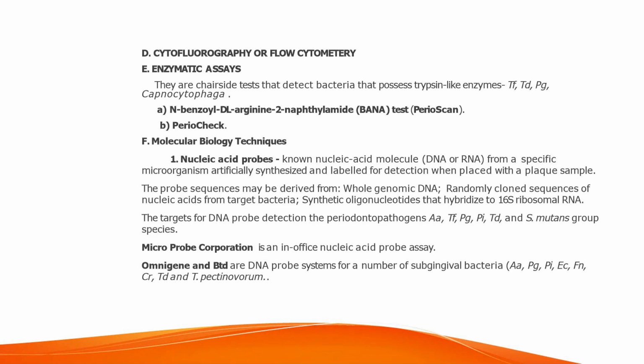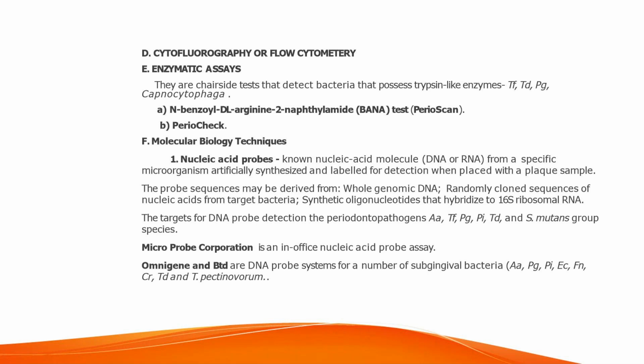In certain DNA technologies, different specific microorganisms could be artificially synthesized and labeled for detection when placed with a plaque sample. So this probe allows us to know if there is whole genomic DNA, and to randomly clone the sequences of nucleic acids from the target bacteria, and thus further synthetic oligonucleotides that hybridize to the 16S ribosomal RNA.